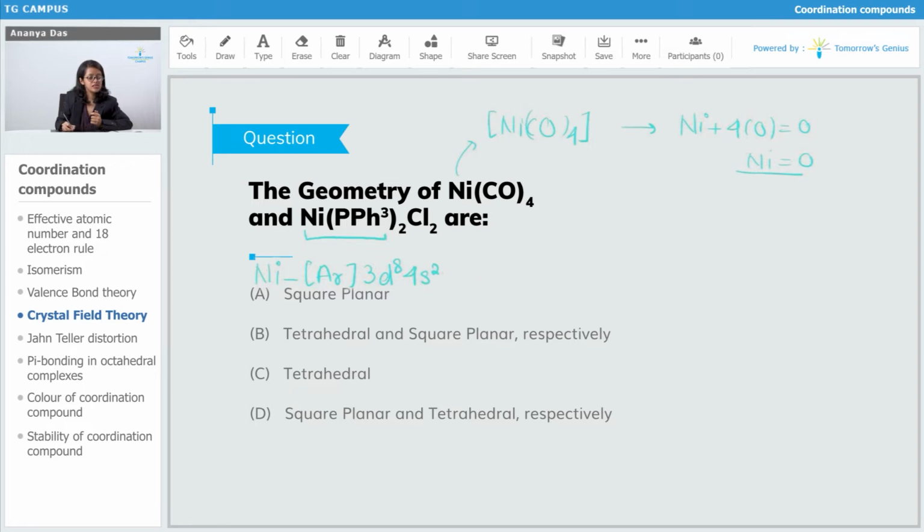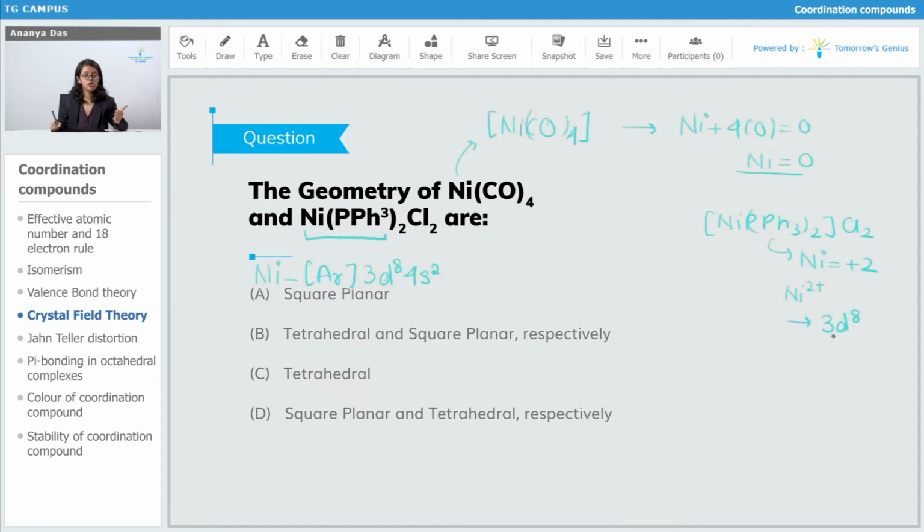In this case, [Ni(PPh3)2Cl2]. If you calculate the oxidation state in this case, the oxidation state of nickel comes out to be plus 2. That means 2 electrons it has lost. So the electronic configuration of Ni2+ is going to be 3d8 because the 2 electrons are going to be lost from 4s.